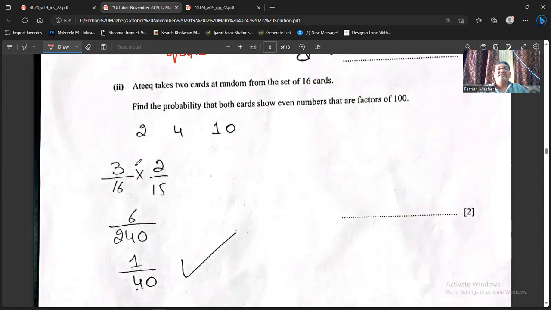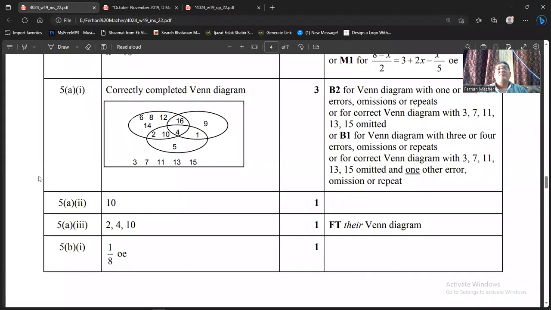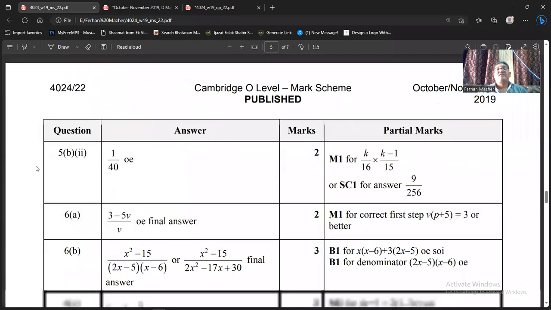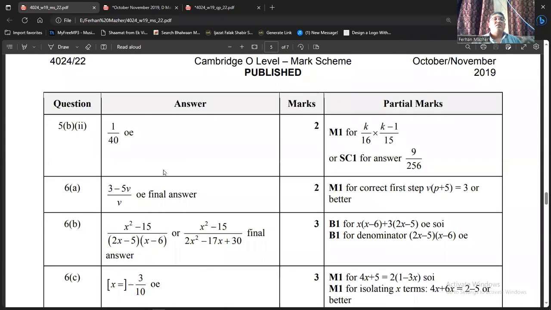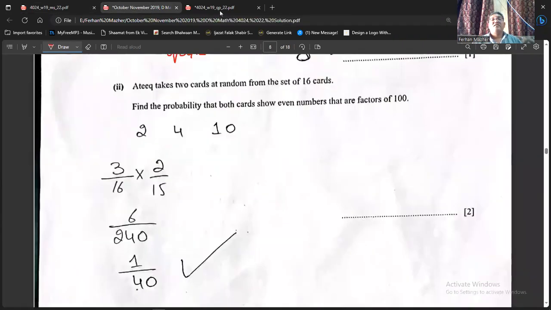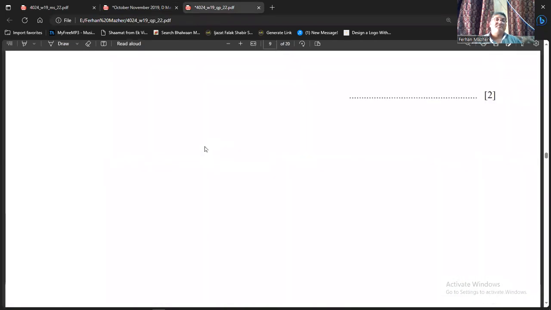So it is 3 by 16 multiplied by, now 2 cards will be left, so 2 by, and the total cards will decrease by 1, that is 15. So 3 by 16 multiplied by 2 by 15 will be 6 by 240, which is 1 by 40. 1 by 40 is the answer, sir. So my answer is right. So let's move to the next question.